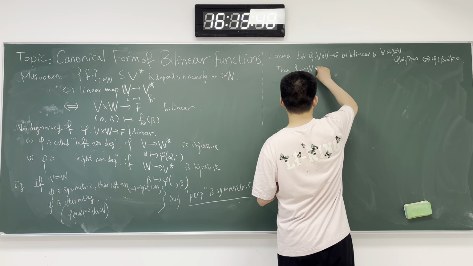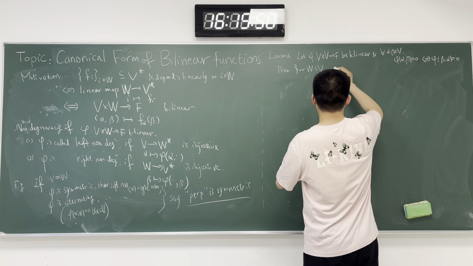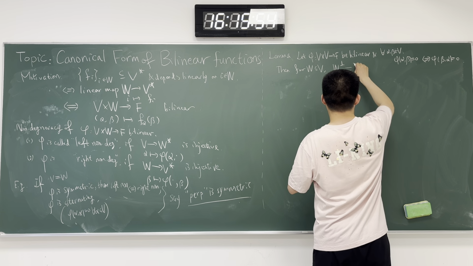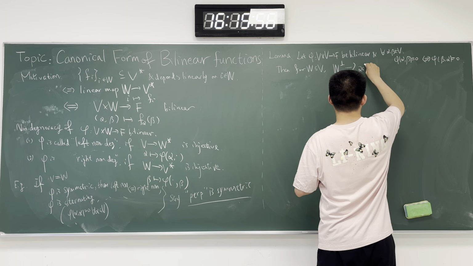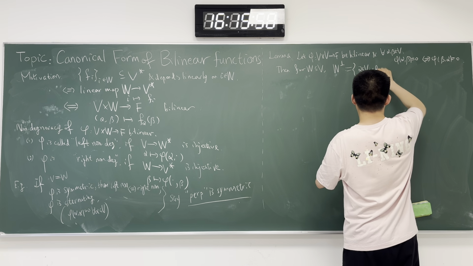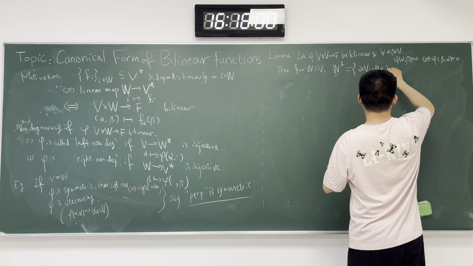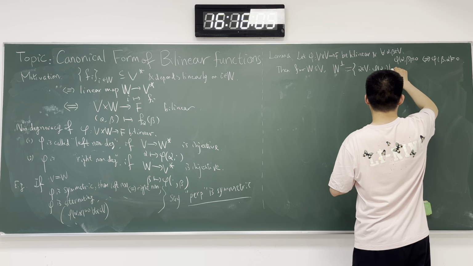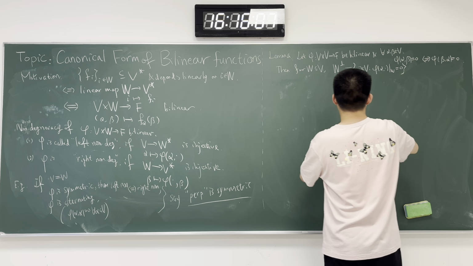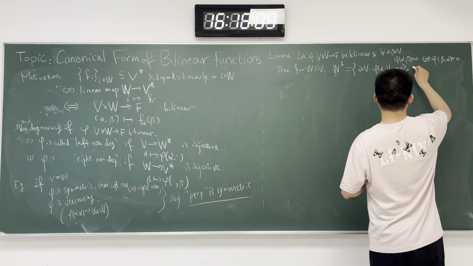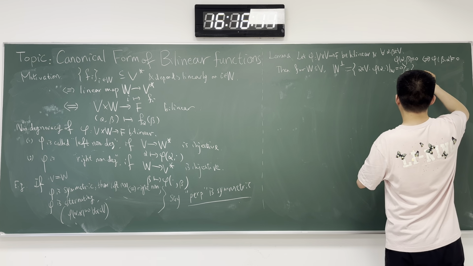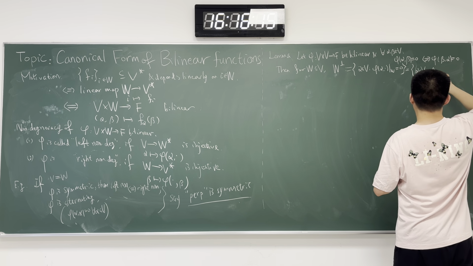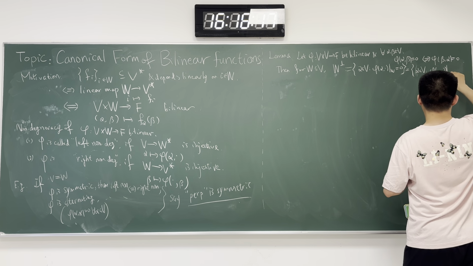For any given subspace W, we define W perp to be those alpha in V such that Phi alpha vanishes on W. Of course, by the assumption, this also equals those alpha in V such that Phi of W with alpha vanishes.